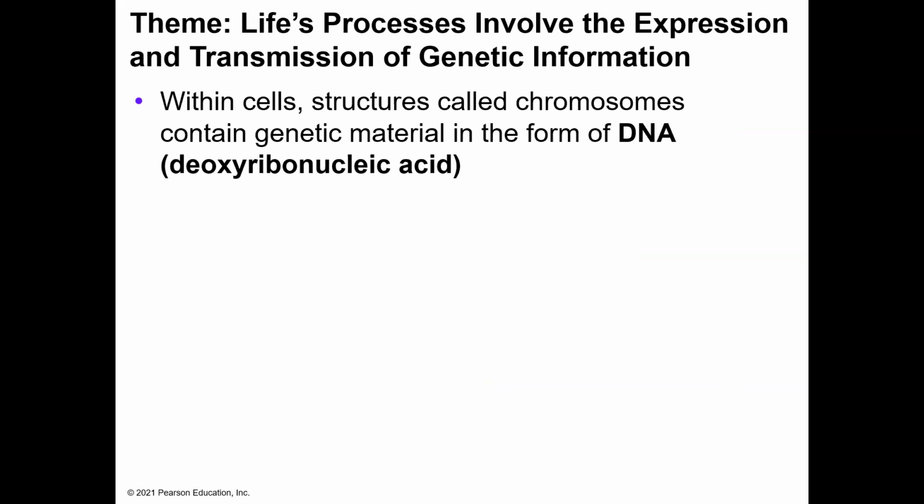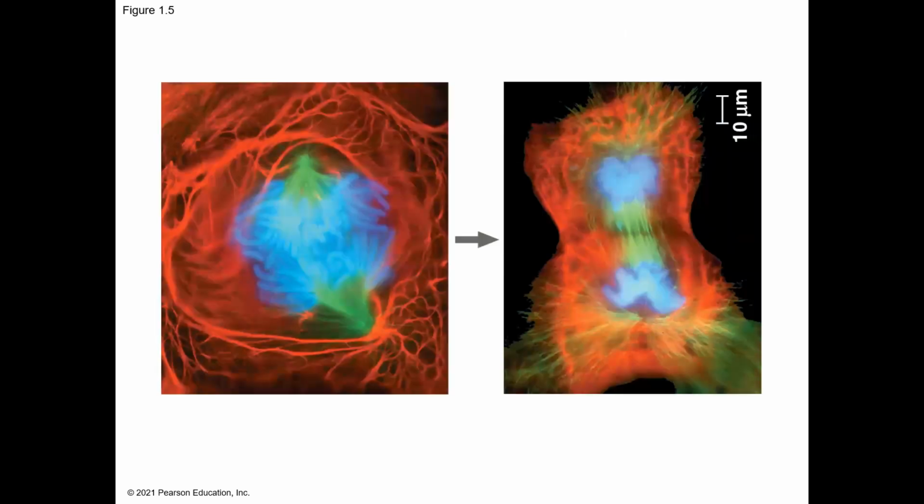So the ability to undergo chemical reactions, the ability to do chemical processes, involves the expression and transmission of the genetic material. So all cells contain some sort of genetic material. Most genetic material for life on the planet starts in the form of DNA, which is deoxyribonucleic acid.